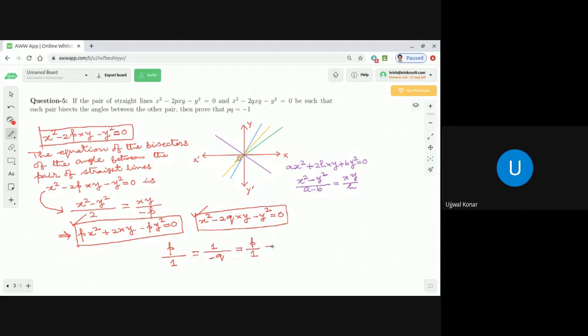Now from here, dear students, we can say p into q is equal to minus 1, and that is what we wanted to prove.